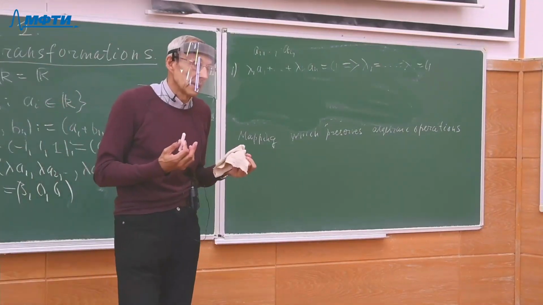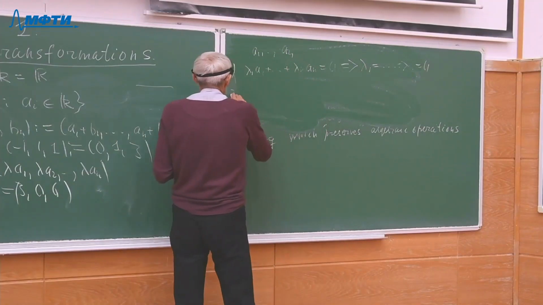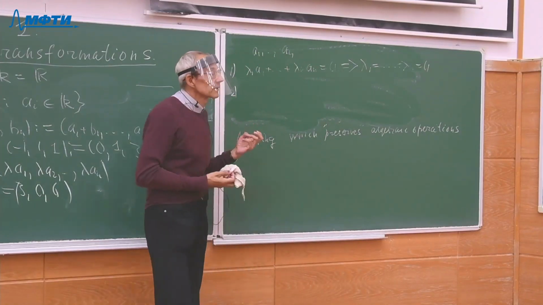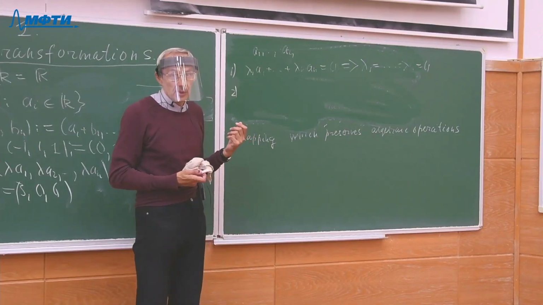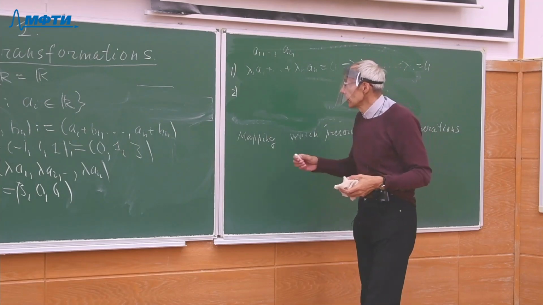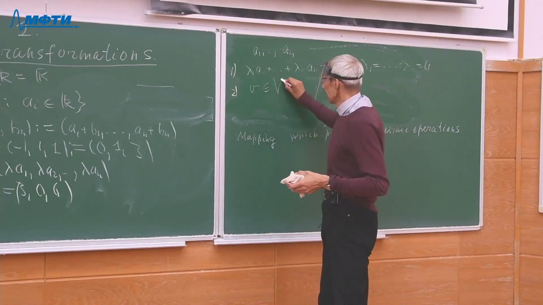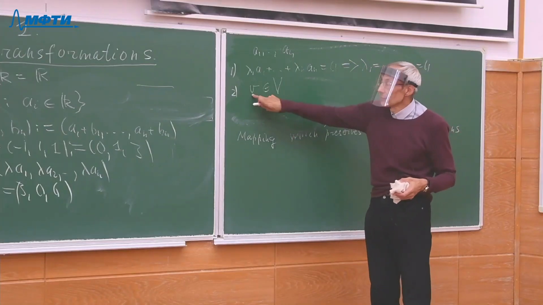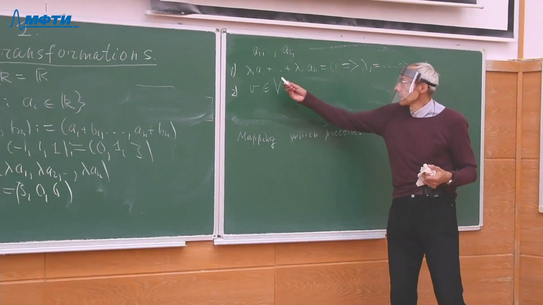The second property means that the basis is a generating system. What does it mean, generating system? If we have an arbitrary vector of the vector space, this vector can be expanded in terms of these vectors.